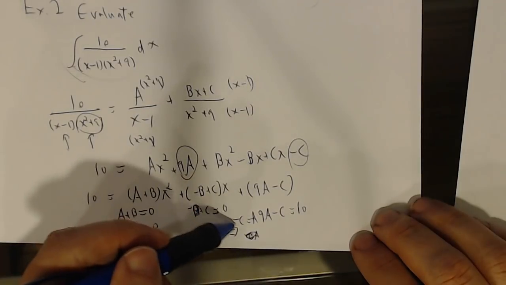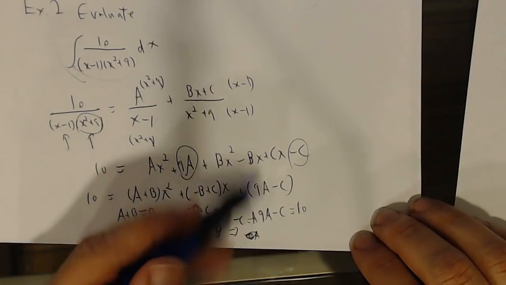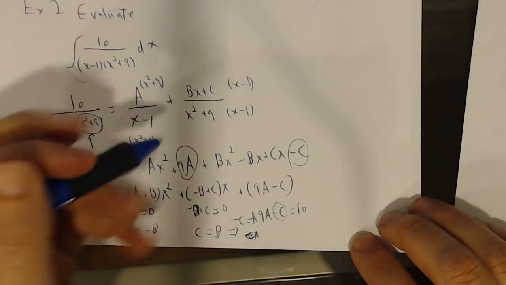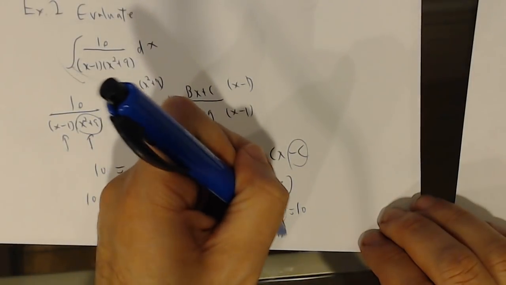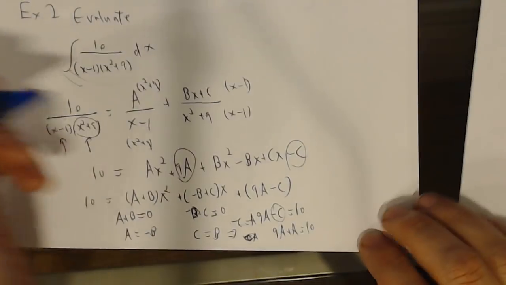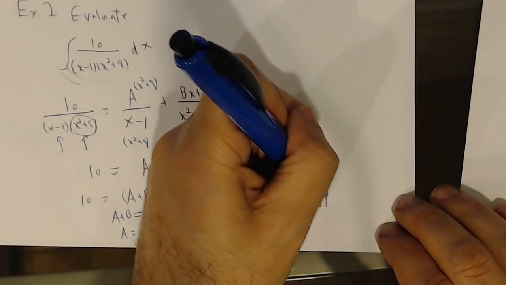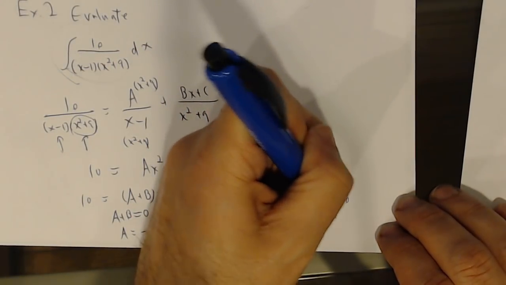Why do I like this? Because I can change this −c to a. So this is 9a + a = 10, which means 10a = 10, which means a = 1.